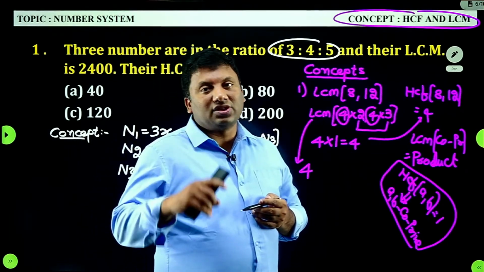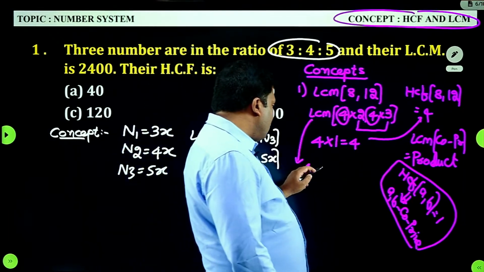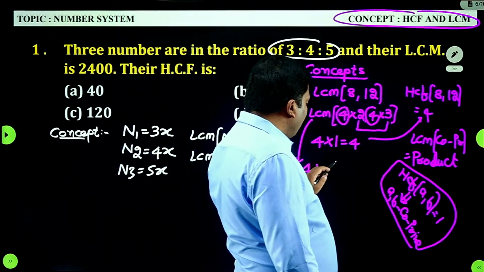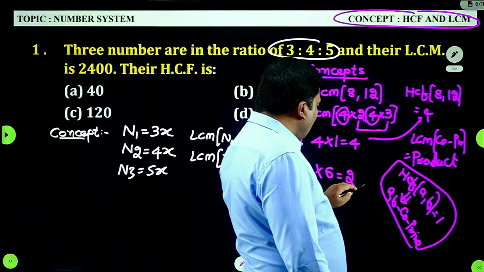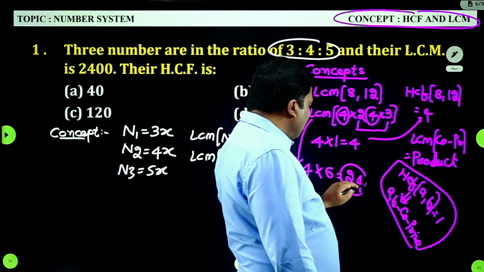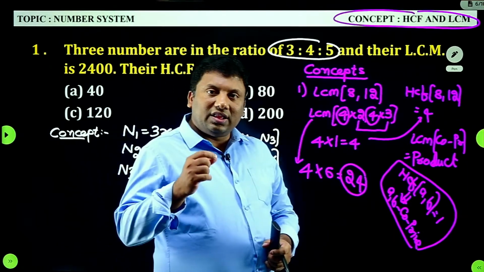Consecutive even numbers are not co-prime because the common factor will be 2. 2 and 3 are co-prime, so the LCM is the product: 4 into 6 is 24. This is one of the ways to calculate the LCM.